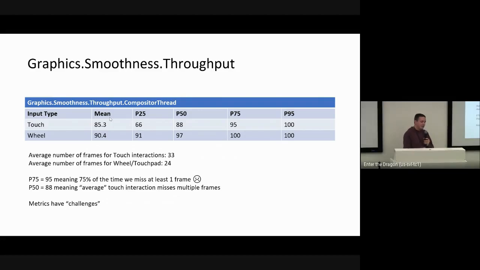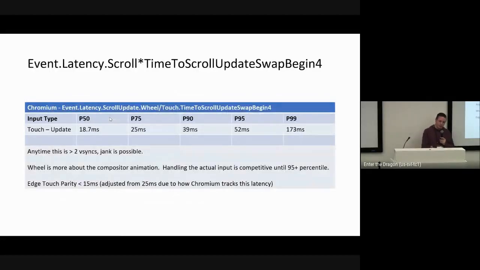So we'll look at this one first real quick. The event latency metrics: the way the Chromium pipeline works is, in general, scrolling input is intended to be dealt with in 2 vsyncs. Input comes in the first vsync, gets queued up and coalesced. At the start of the second vsync, we start running it through the pipeline. The compositor thread is going to try to generate a compositor frame, submit it to Viz, and get it through the GPU before that vsync ends.